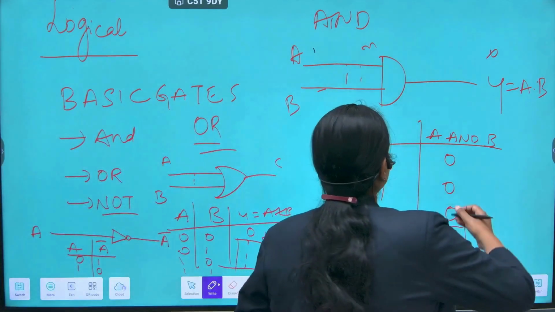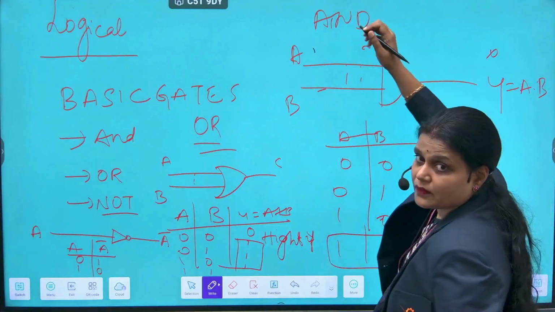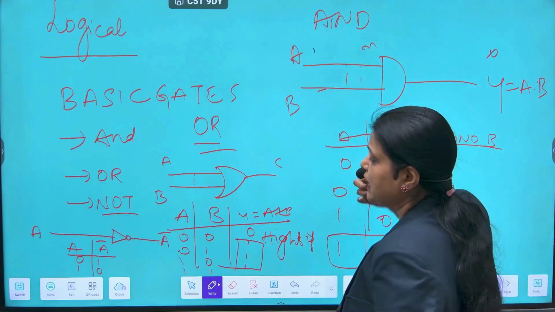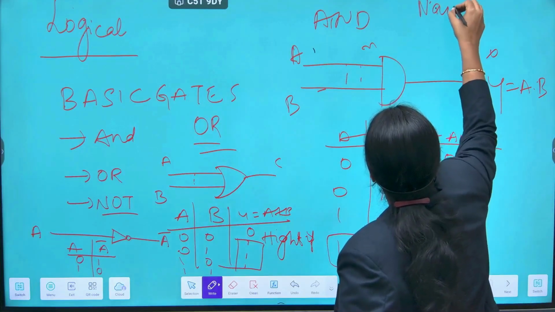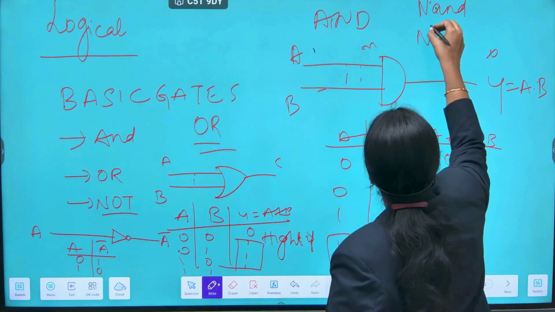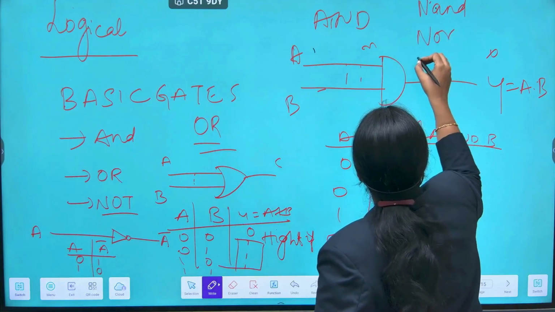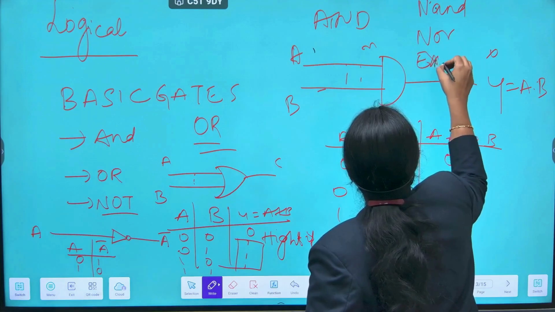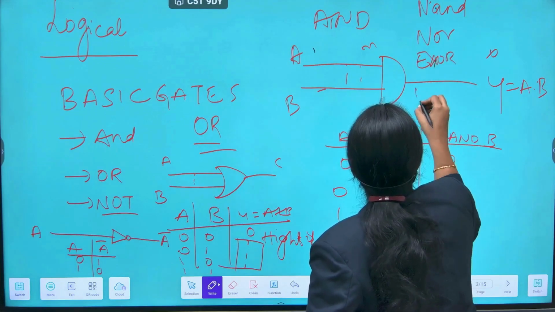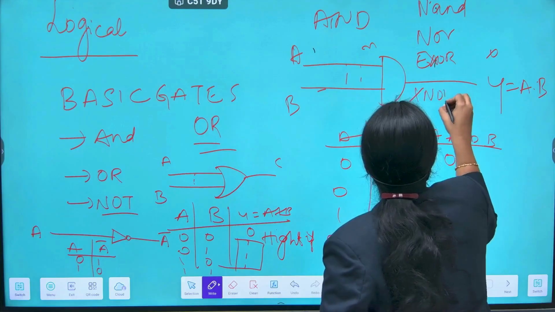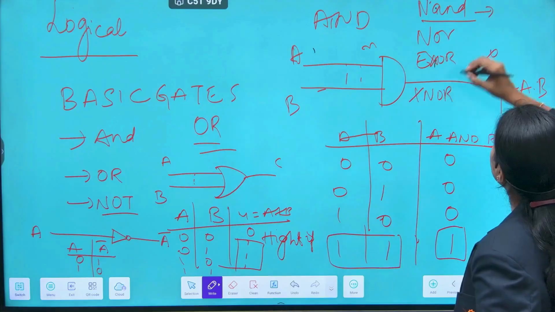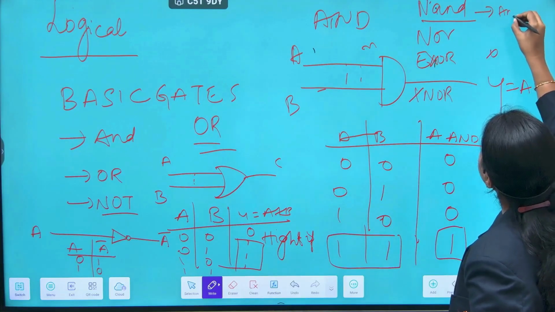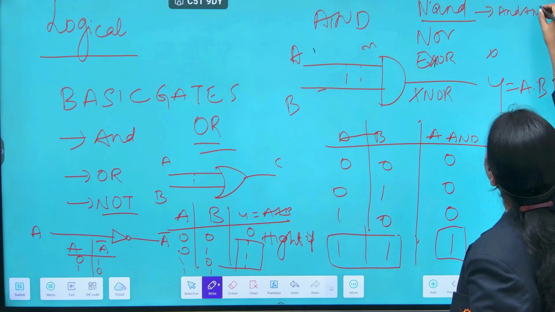Now we will look into other gates, that is the combinational gates: NAND, NOR, XOR and XNOR. The NAND gate is a combination of AND gate and NOT gate.